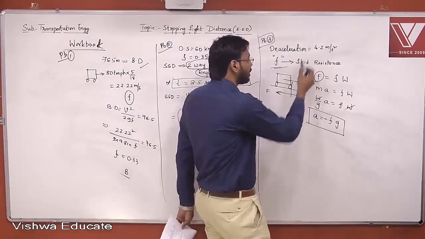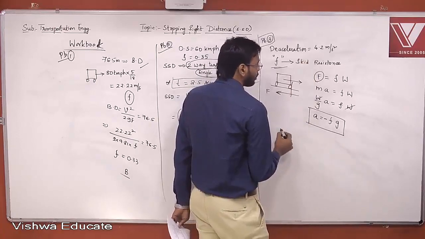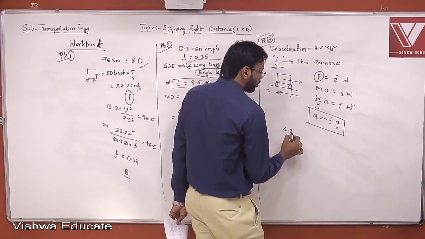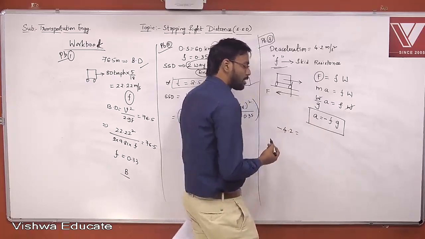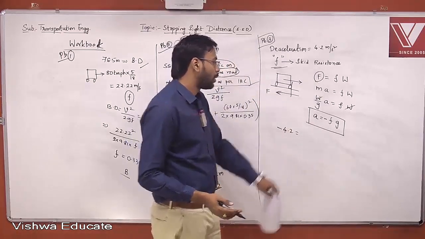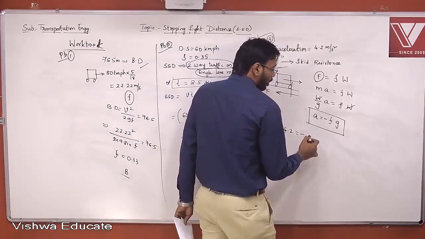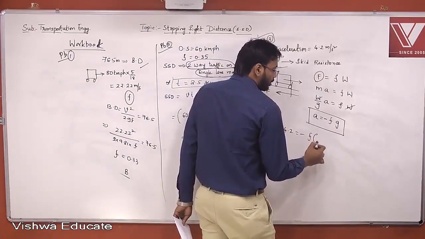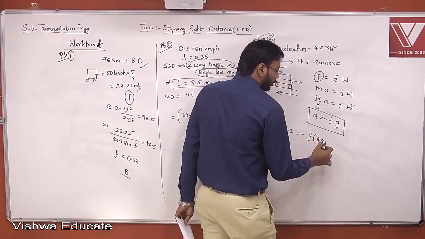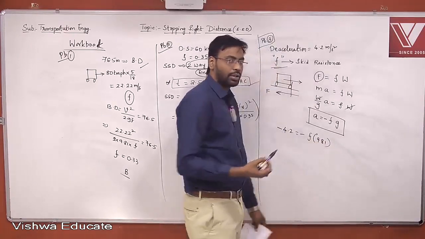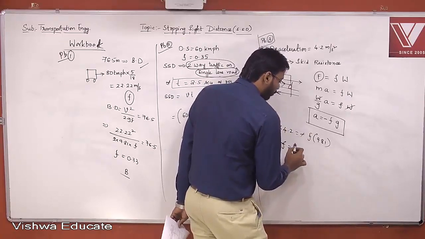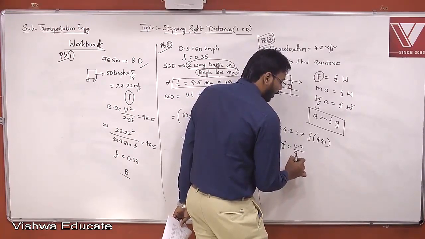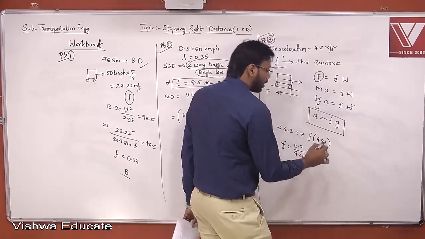So here he has given that deceleration is 4.2. Deceleration is minus, right? So minus 4.2 is equal to minus coefficient of friction or skid resistance into g, that is 9.81. So the only unknown is F, and this minus gets cancelled. F is equal to 4.2 by 9.81.